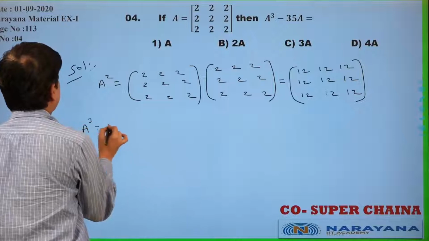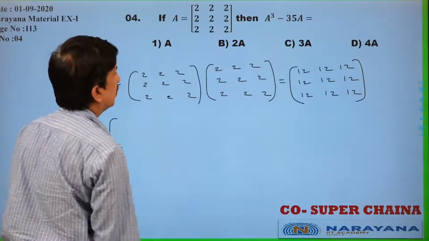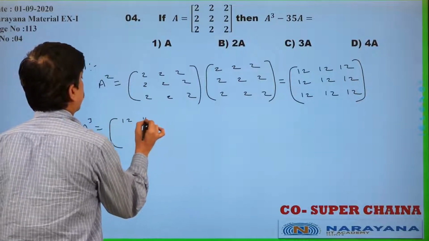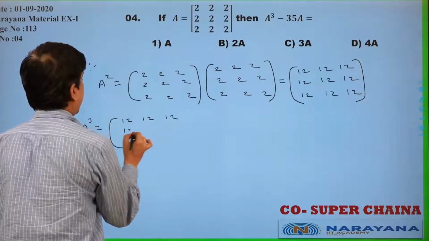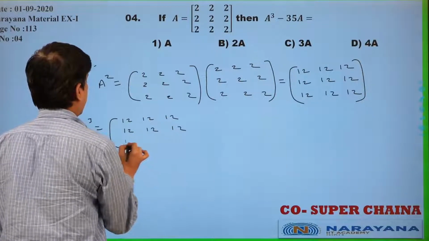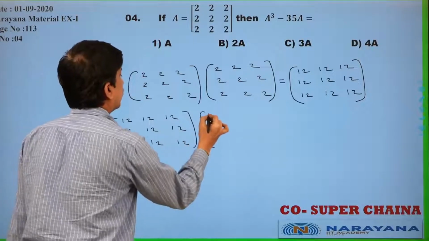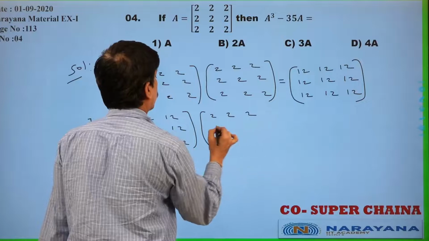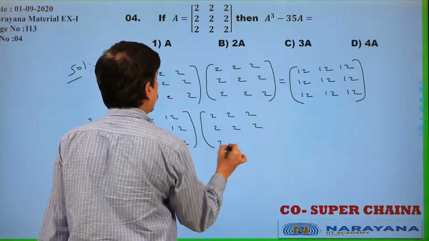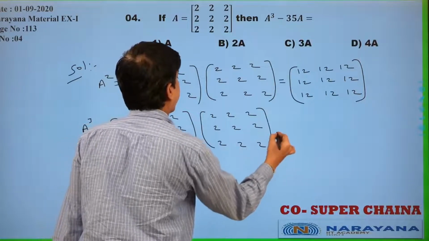A cube is nothing but A square into A, that is a matrix of all 12's into a matrix of all 2's. Again the same thing.